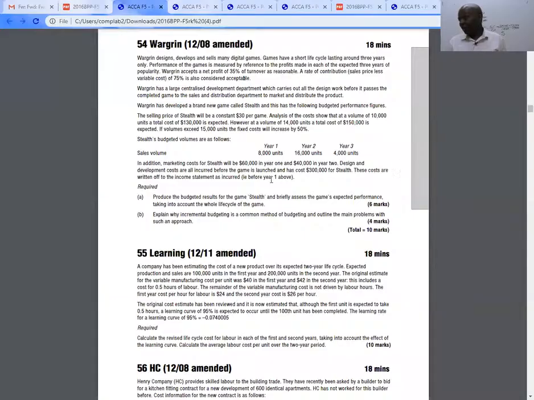These costs are written off to the income statement as incurred, i.e. before year 1 above. So they want us to produce the budgeted result for the game Stealth and briefly assess the expected performance, taking into account the whole life cycle of the game.